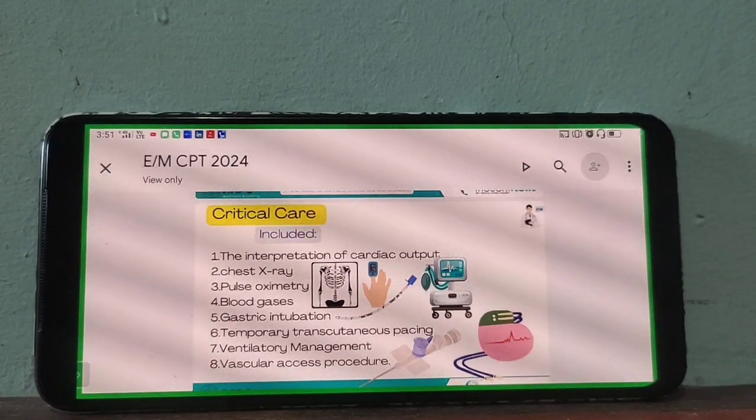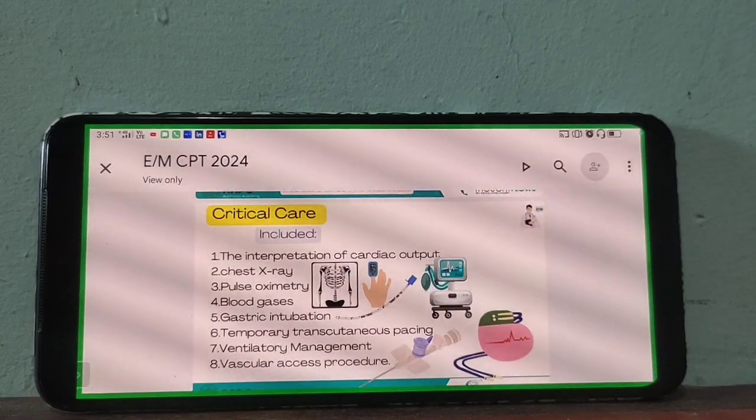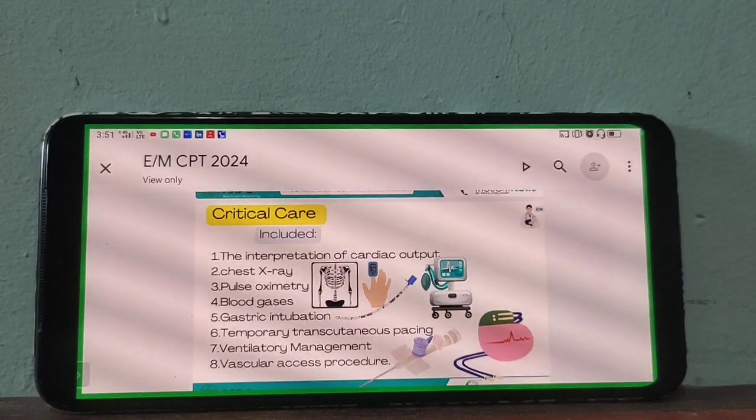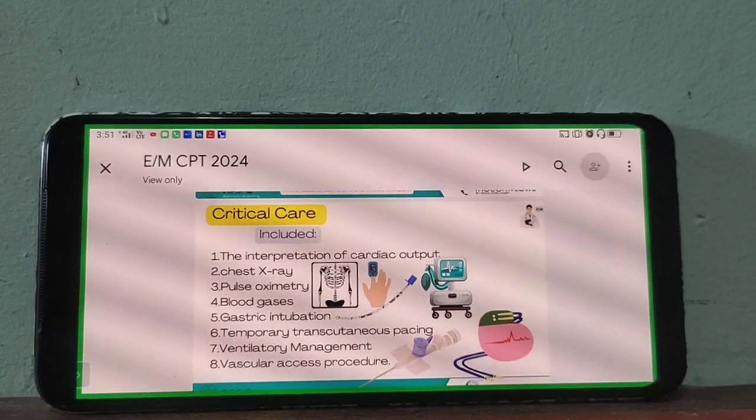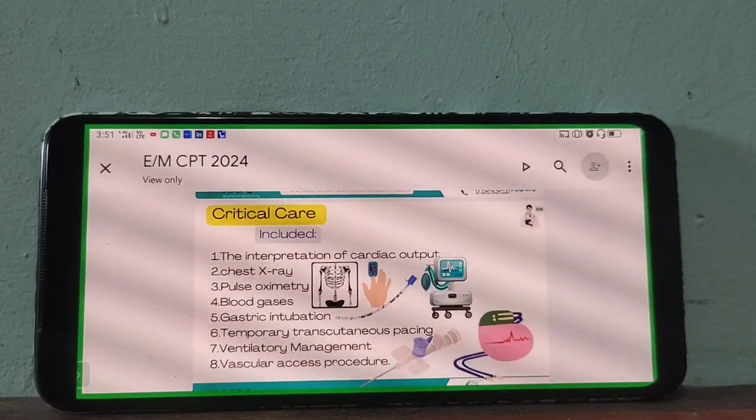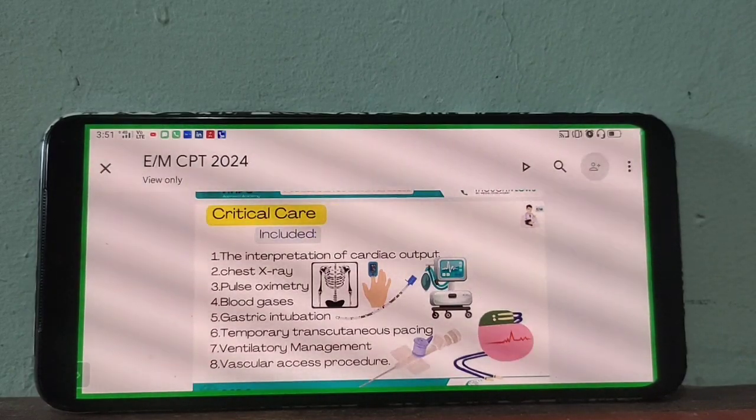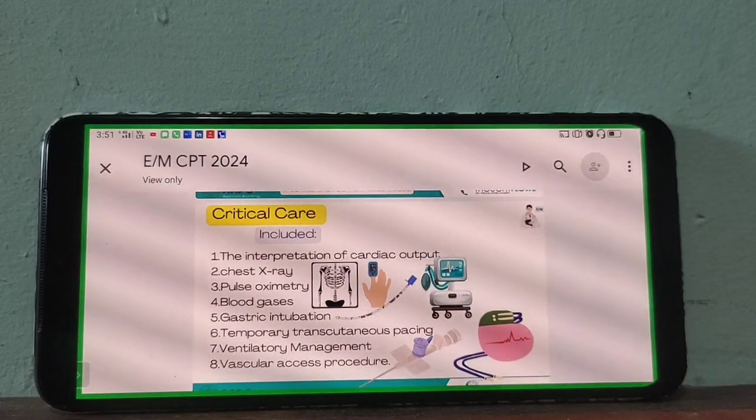Yes, ma'am. And vascular access procedure as well, ma'am. Vascular access procedure is nothing but, for injection or infusion, they place a port in our wrist. Am I right? In the wrist, in that carpal vein, they insert a port. See the image below.